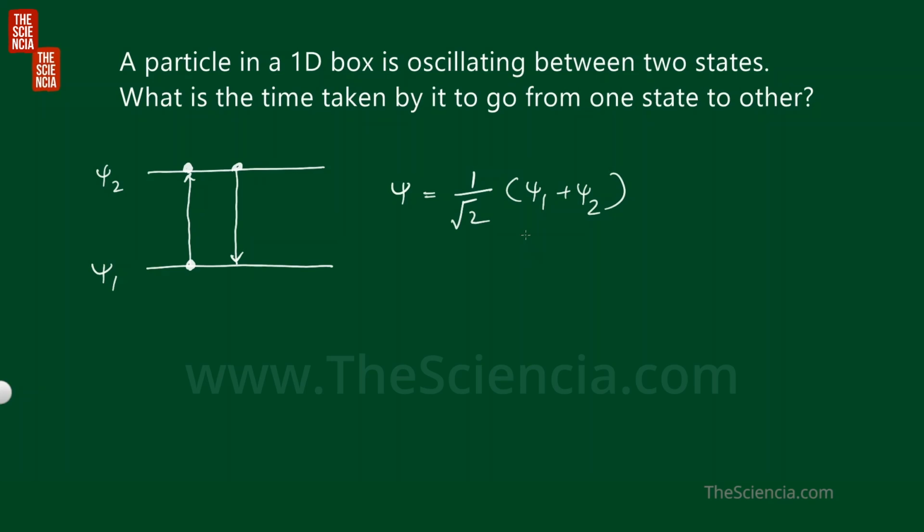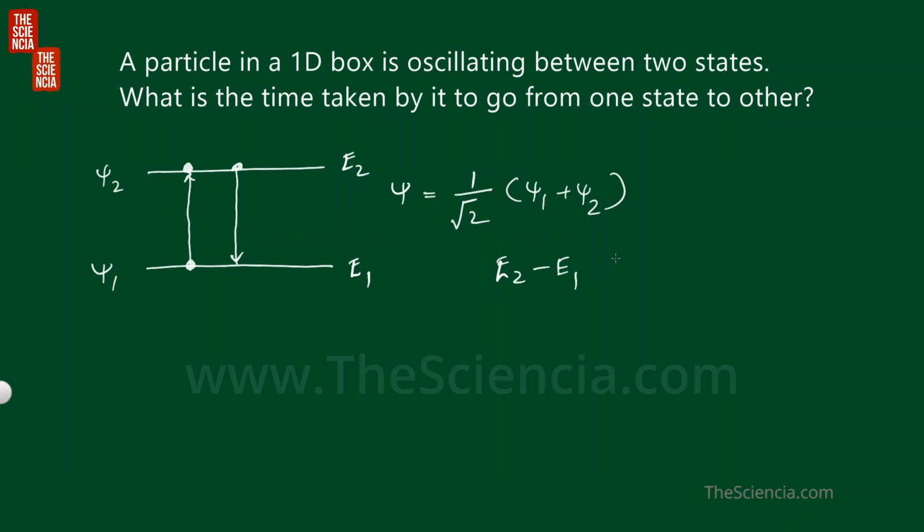Now the question is, what is the time taken by it to go from one state to the other? Here each of these states has a certain energy. That is, for psi 1 it will be E1 and for psi 2 it will be E2. Therefore the energy difference between these two states is E2 minus E1.